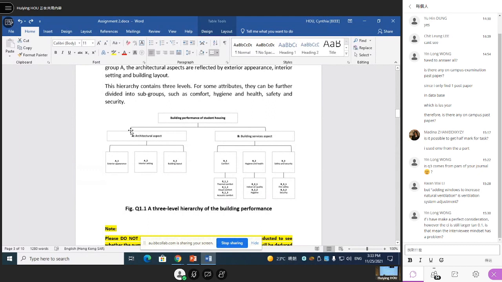I didn't explain this to you because you are students with a building professional background. But if I provide this to students or to adults who don't have any knowledge of building or building engineering, then we will spend some time to explain what each term means to them.